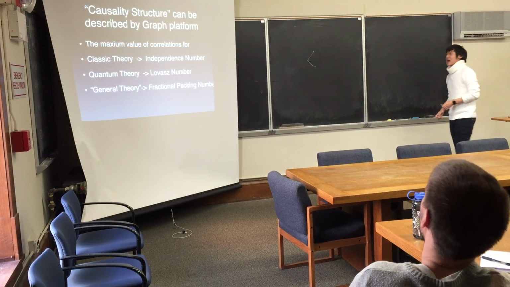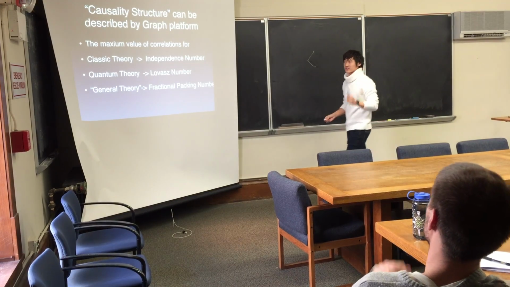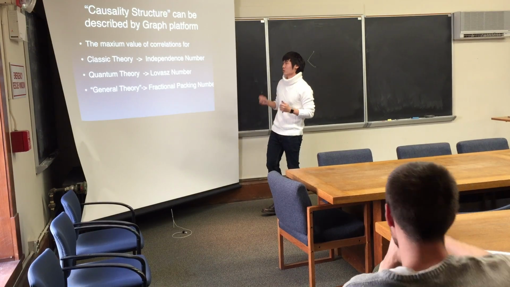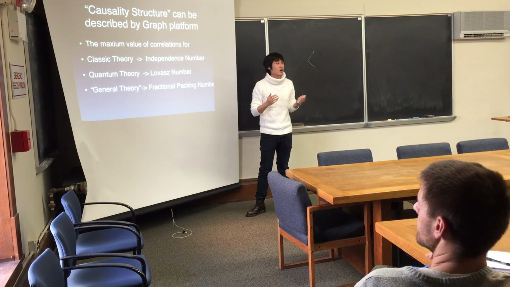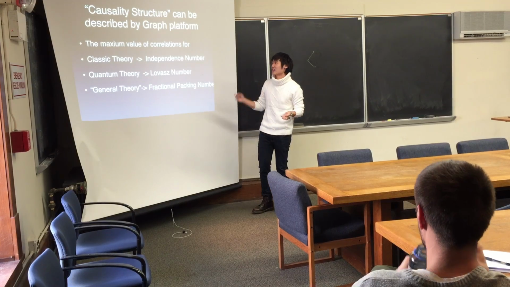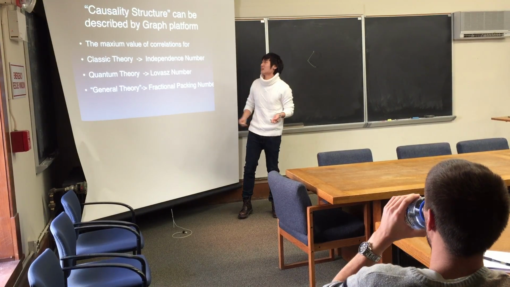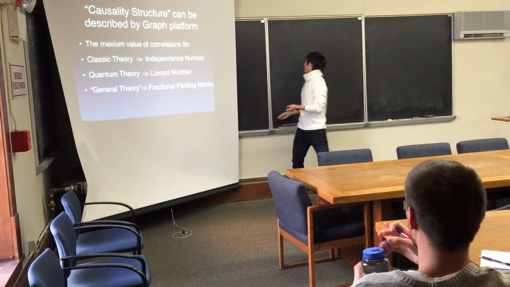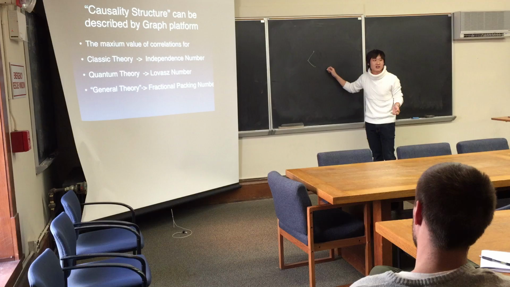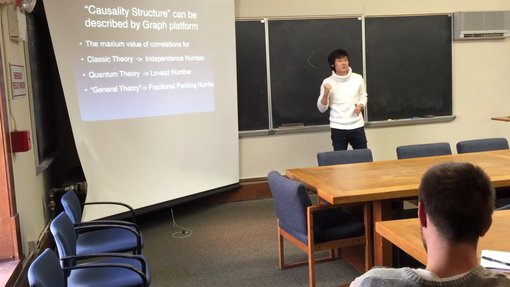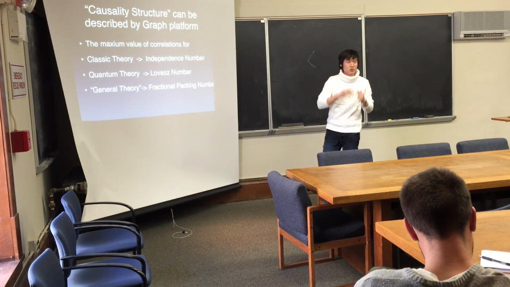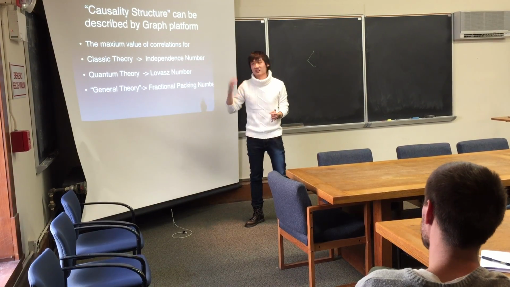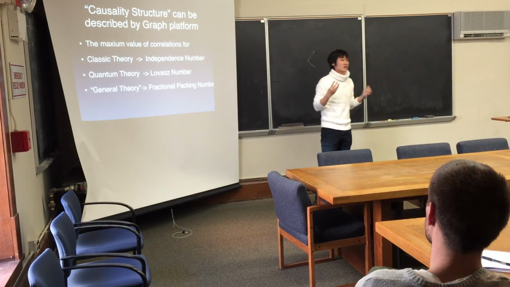To be more precise, in the math realm of graph theory there are a lot of important theorems and definitions, for example the independence number. Some other numbers can also be defined for a graph, and I will claim that those numbers correspond precisely to different theories in the sense of maximal correlations.